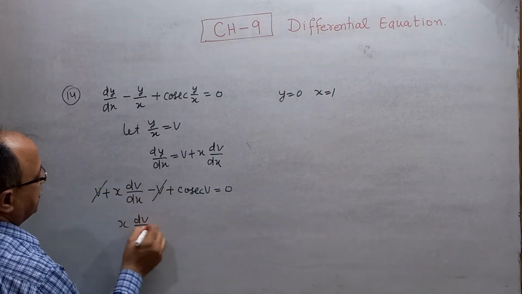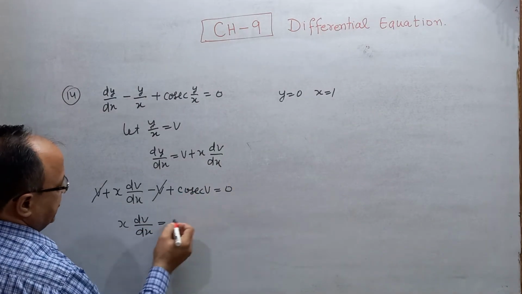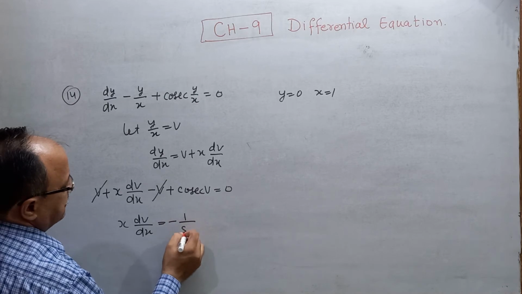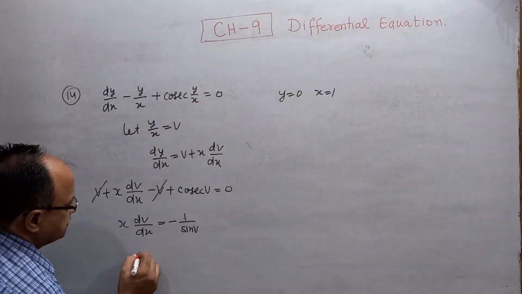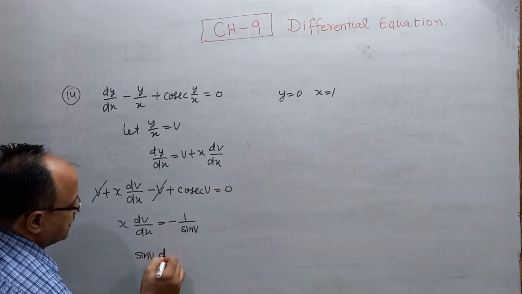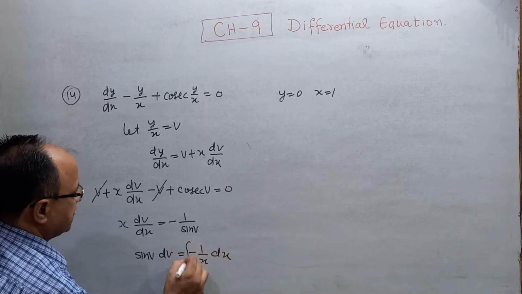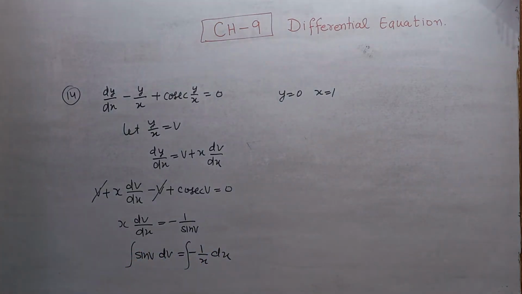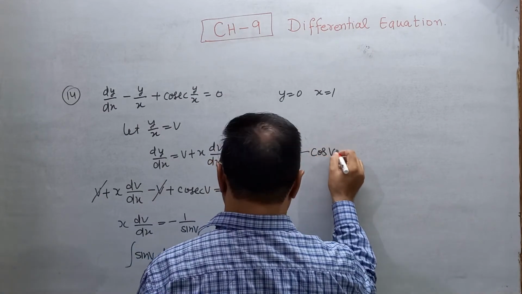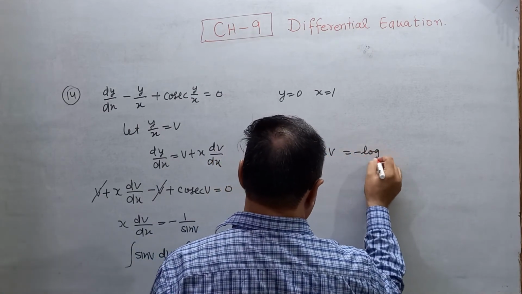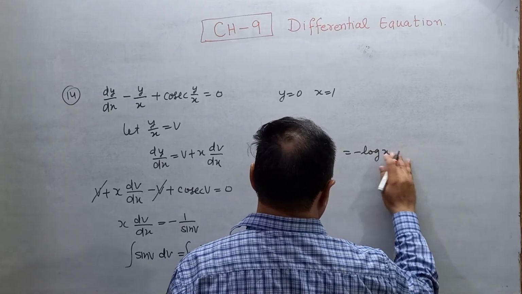Therefore, x dv by dx is equal to minus cosec v, that is 1 by sin v. Now separate the variables. Sin v dv is equal to minus 1 upon x dx. Integrate. The integration of sin v you know very well. That is minus cos v is equal to minus log x plus c.